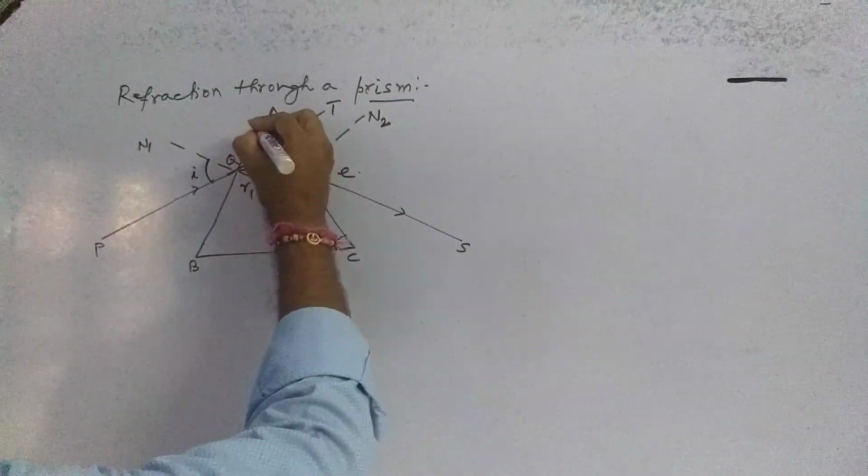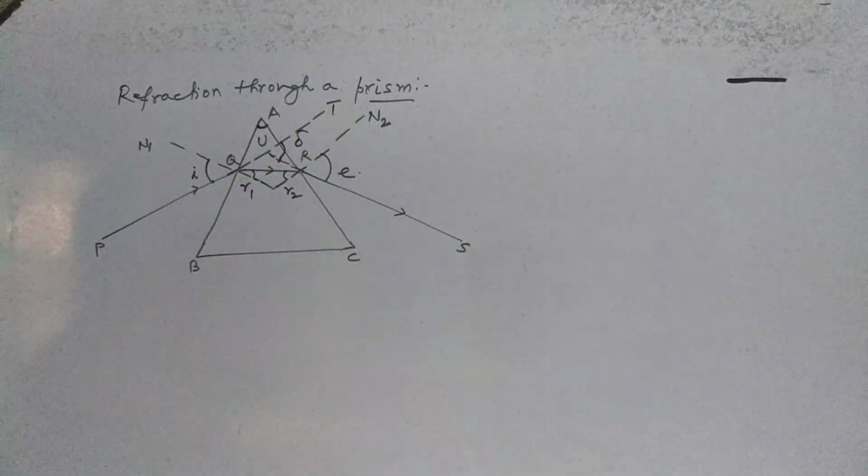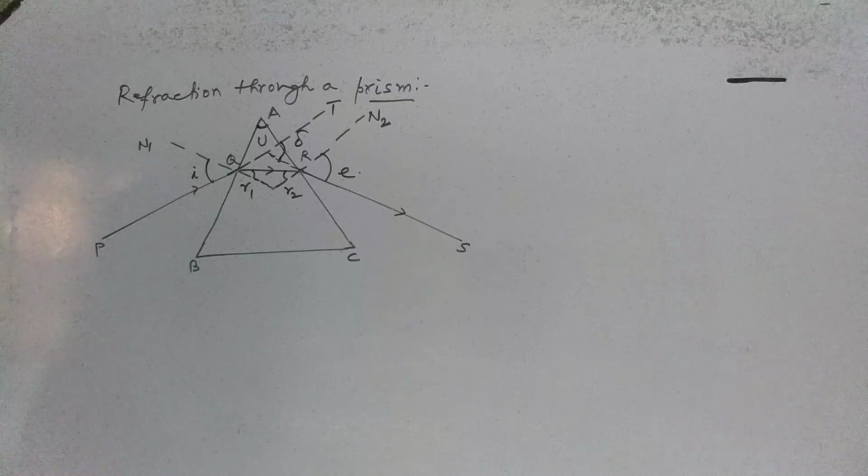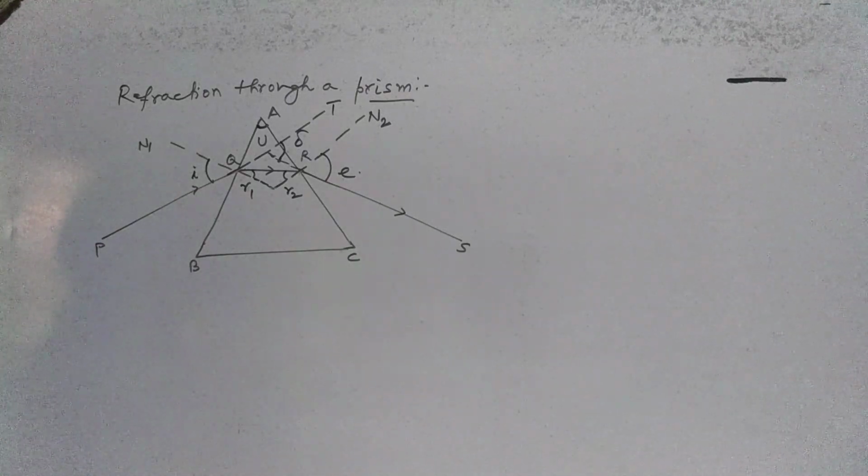The angle of the prism is A. Angle A is the angle of the prism, which is bounded by two refracting surfaces.